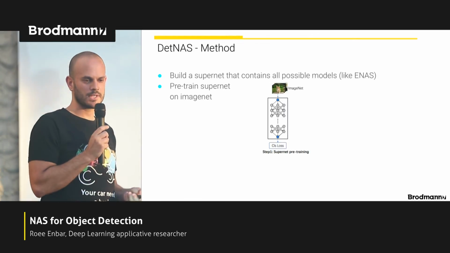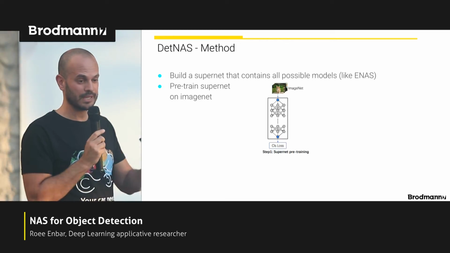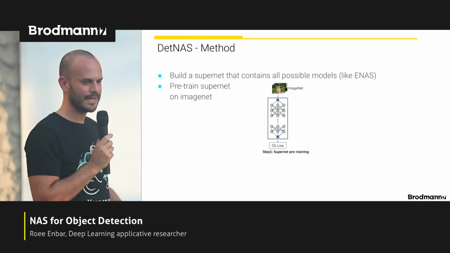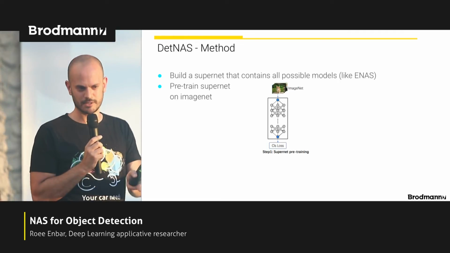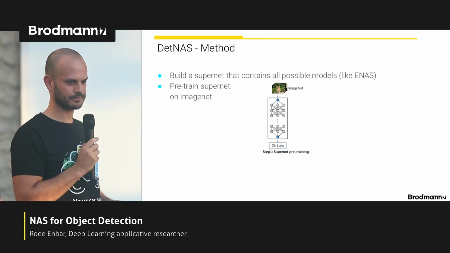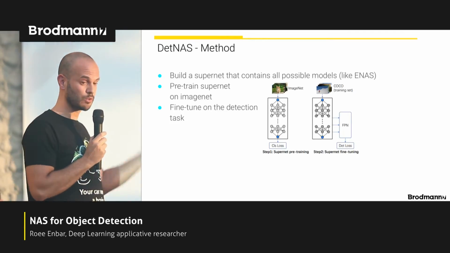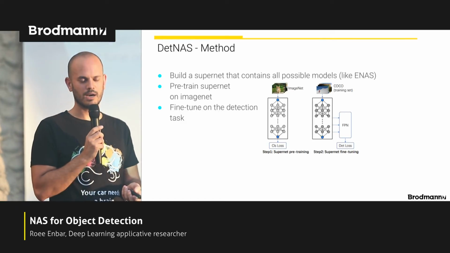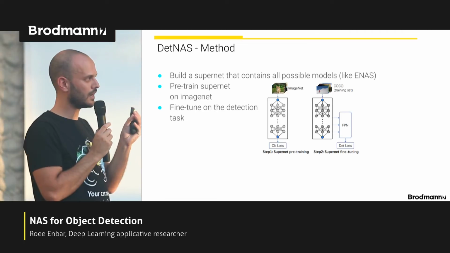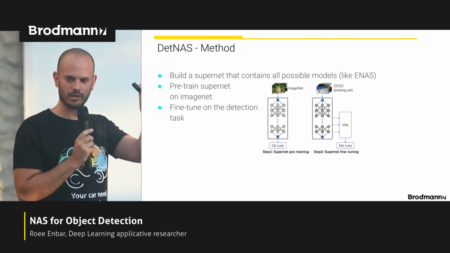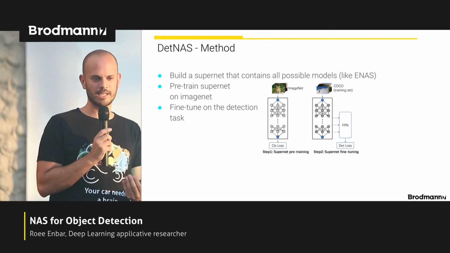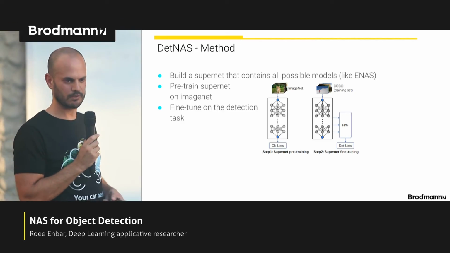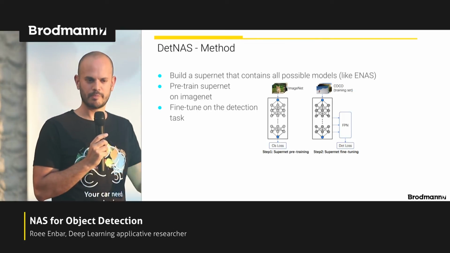So what they do is they build a super network like NAS that contains all possible models, right? And then they pre-train this super network on ImageNet. Then they use the entire super network and they fine-tune it on the detection task. Okay, so doing this entails choosing a path in the model, adding my feature pyramid network, adding my detection heads, and going for an epoch or 2 or whatever you decide for your proxy, and then choosing a different path, et cetera, et cetera.